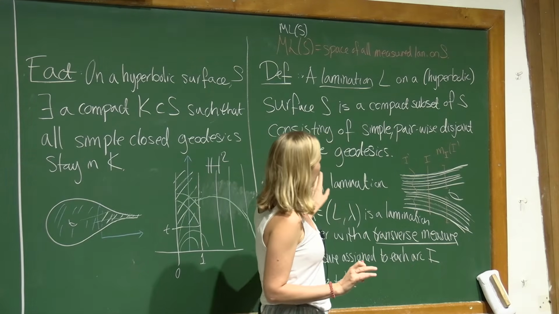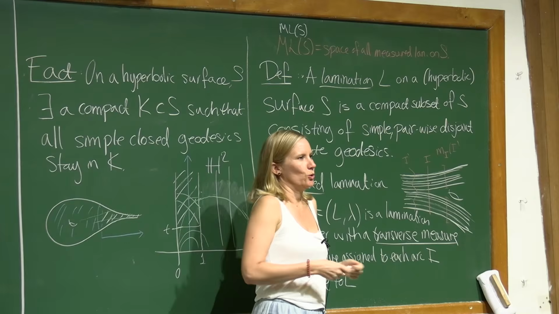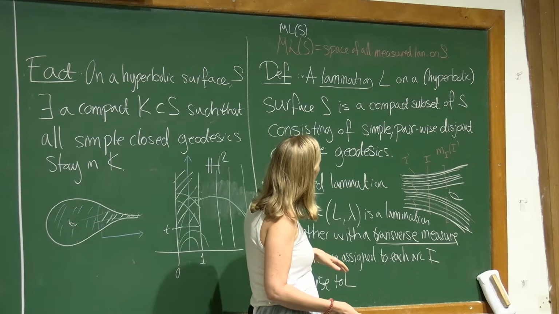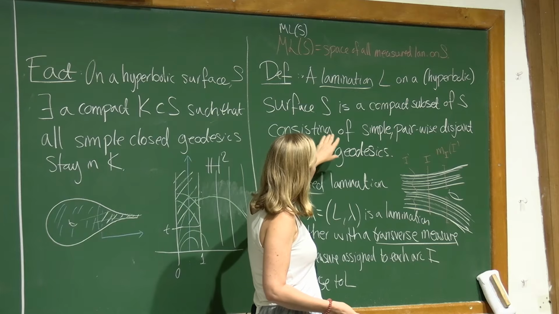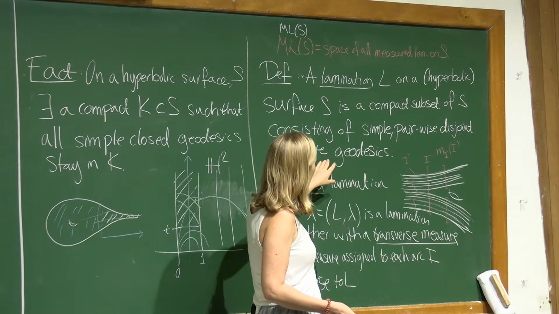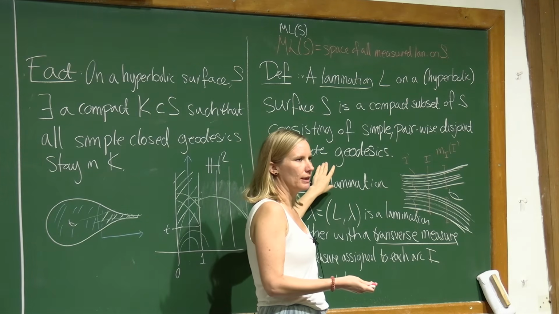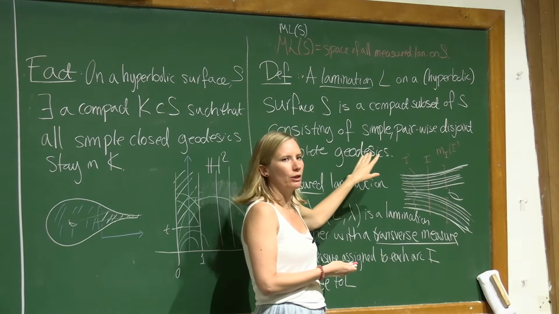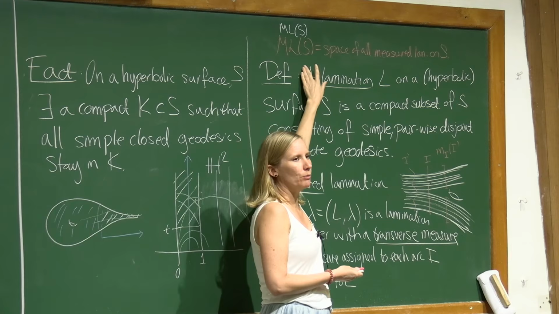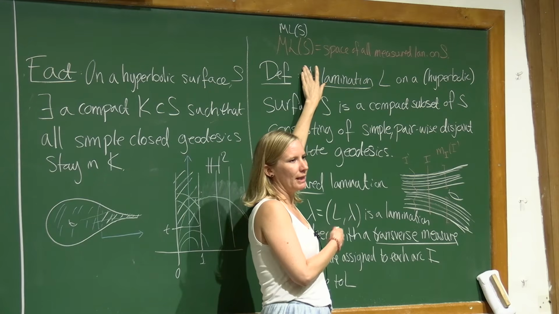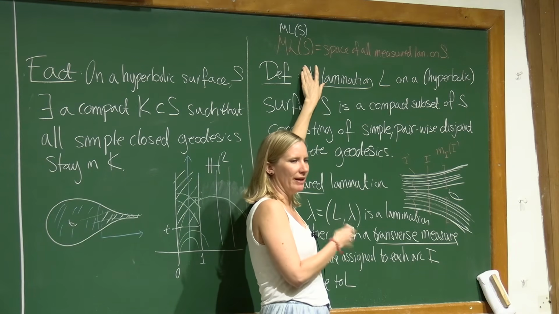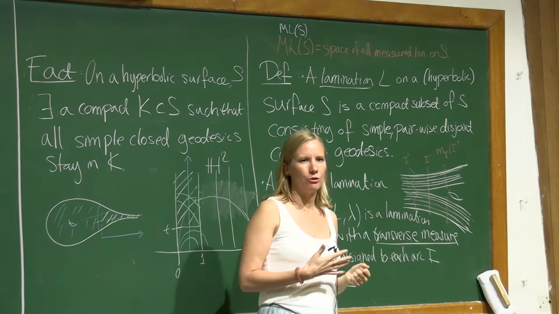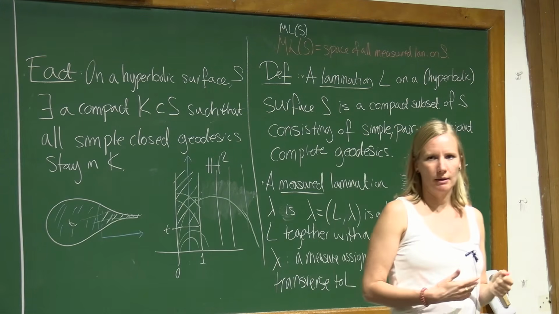But sometimes we need a hyperbolic metric to talk about geodesics or lengths. To talk about laminations, I need geodesics, so I need a hyperbolic metric. But if I change to another hyperbolic metric on S, I will get a homeomorphic space. That's why we write ML of S instead of ML of X for some specific hyperbolic metric. I really should think about it as a topological thing.